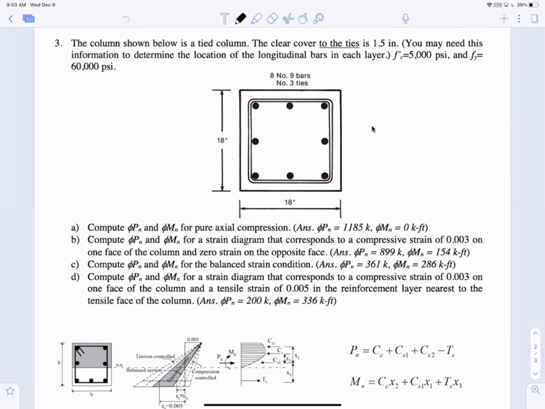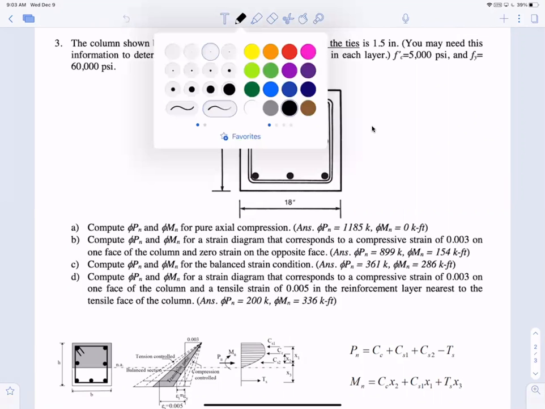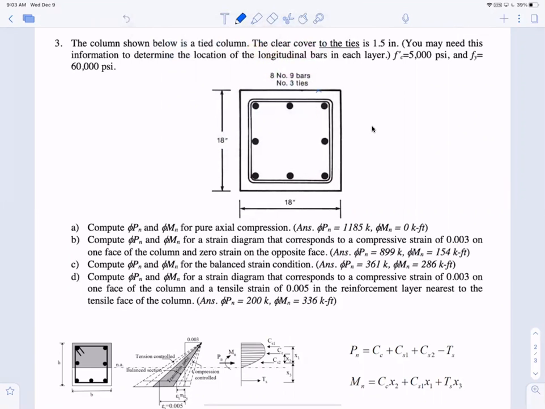Okay, so now for the tie, it tells you that the clear cover to the tie is 1.5 inch. Essentially it is this distance right here between the edge of the concrete to the edge of the tie, 1.5 inches. Now it's a number 3 tie, so you have to consider the dimension of the tie, which is 3/8 of an inch.